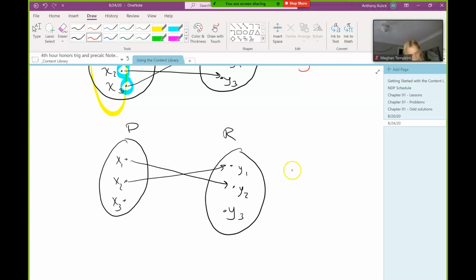No, why not? Perfect, yeah. So between the two of you both said the same thing. So the issue here is that not every element in the domain was used, right? We have x3 that's hanging out.